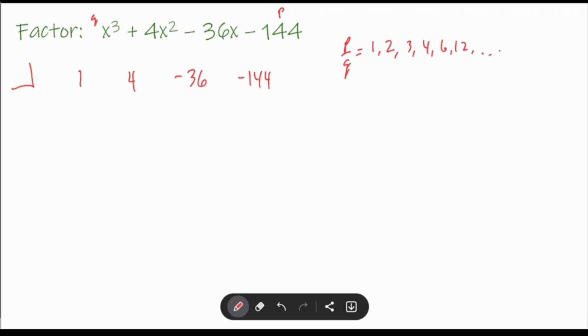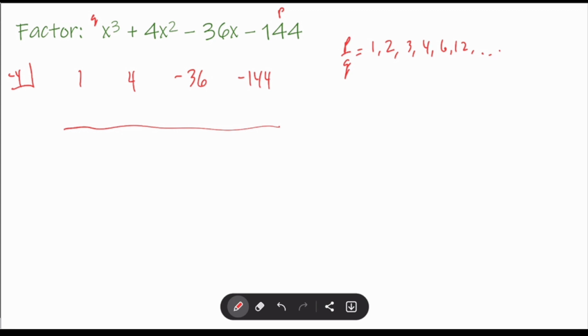Of course, the positive and negative of those numbers. So you do trial and error until you get the value here in the box. But I'll just jump directly to the correct value to use here. Of course, it doesn't have to be only one possible number to put in the box that will give you a 0 remainder. There are 3 possible numbers, but I will just show you the smallest one, which is the -4.